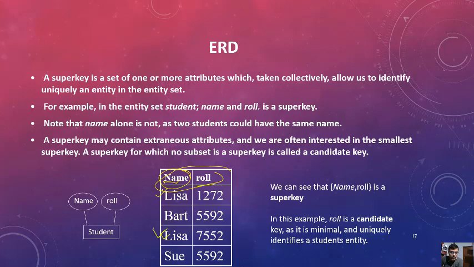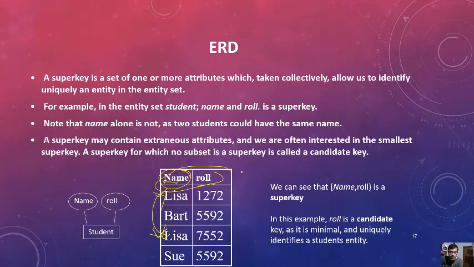A super key for which no subset is a super key is called a candidate key. If it is a super key and there is no subset of that super key which is also a super key, then it is called a candidate key.